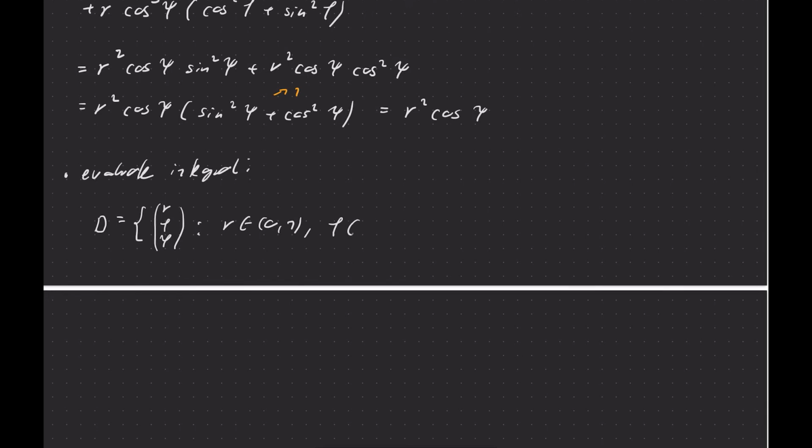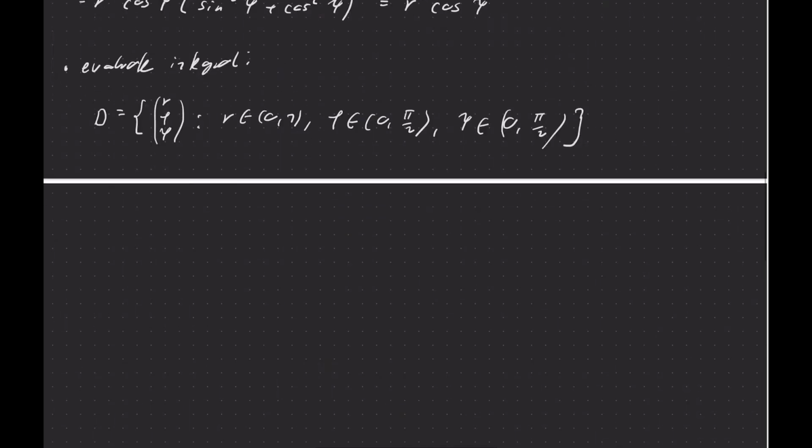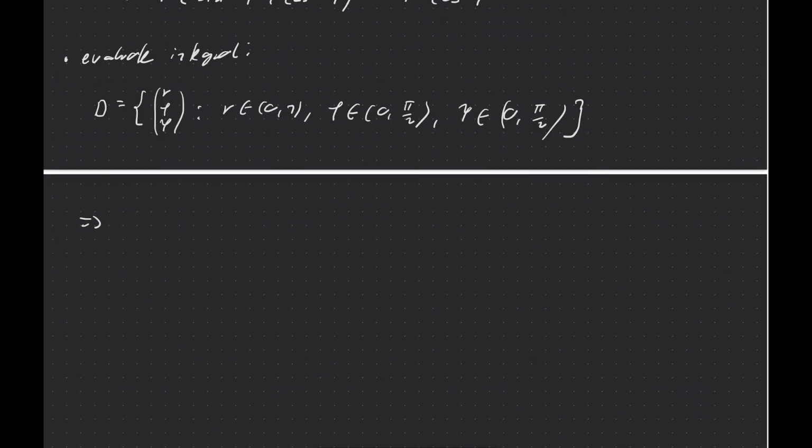Okay, so phi in 0, pi over 2, and psi in 0, pi over 2. So that's our domain D. And with that, we get the integral of 1 dx over x is the same thing as the integral over D of 1 of g of r, phi, psi, but 1 of anything doesn't change.